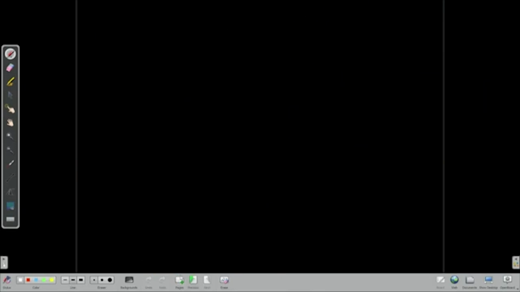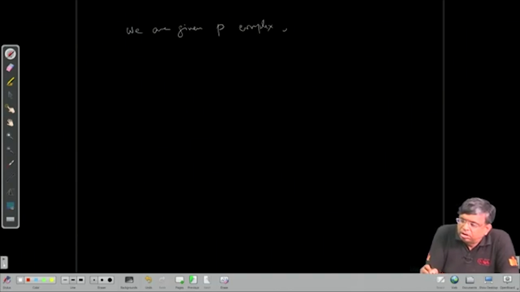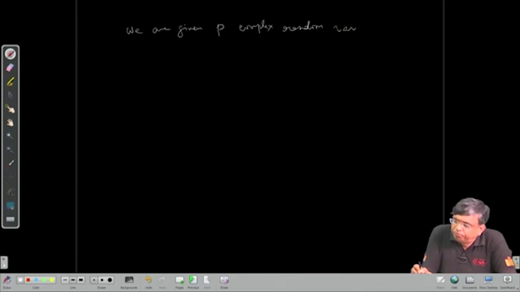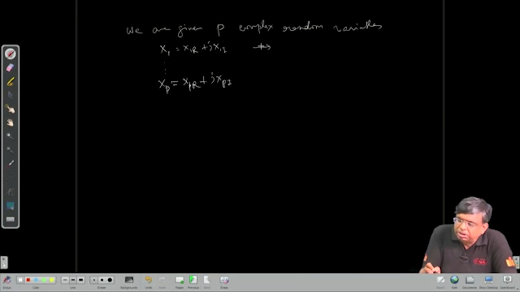All right. One more thing. Now, suppose we are given P complex random variables x1, which is x1 real part plus j x1 imaginary part, dot dot dot xp, which is real part plus j imaginary part, with expected values mu x1, dot dot dot mu xp.